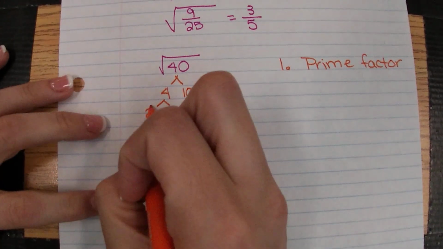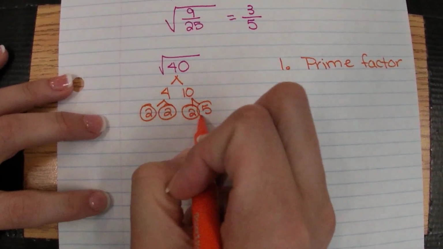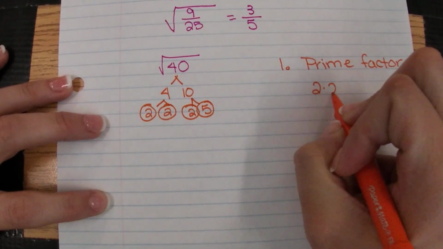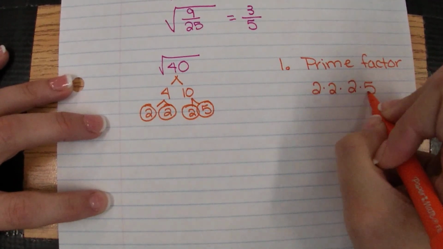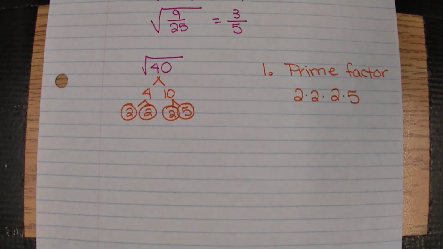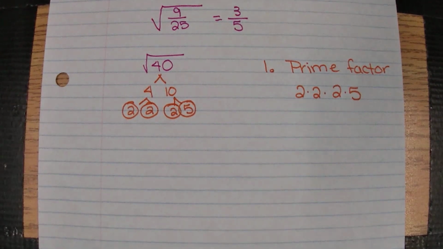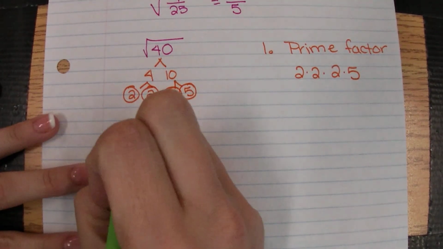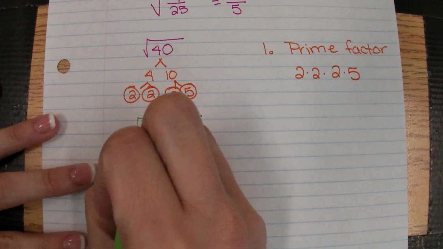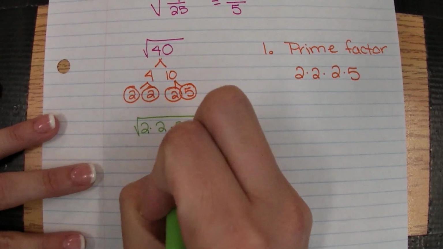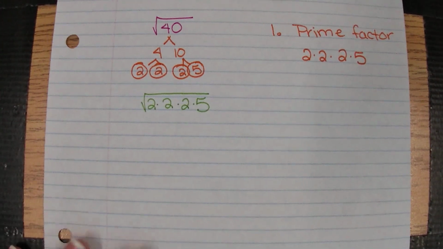So I now know for my prime factorization of 40, I have 2 times 2 times 2 times 5. And now I'm going to think about this in a different way. Since this is the same thing as 40, just written in a different format, I now have the square root of 2 times 2 times 2 times 5.